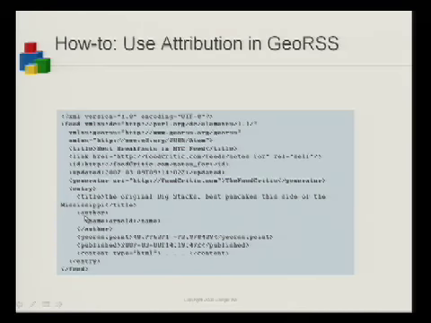So we do suggest some things for attribution, in particular in GeoRSS. You'll see there's an author tag here, and there's a link tag here as well. And so these things identify to us what the attribution is.